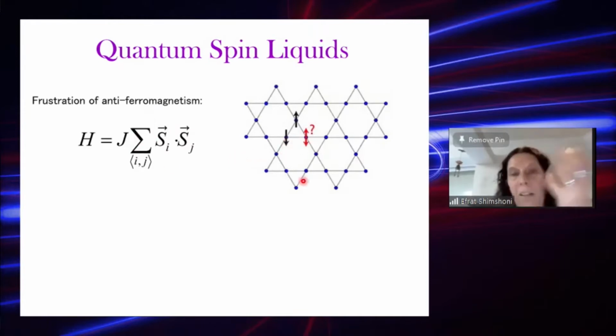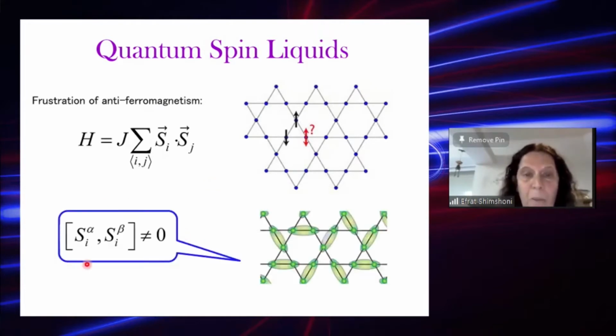Classically, you get high degeneracy, macroscopic degeneracy of the ground state, and hence quantum fluctuations resulting from the fact that the various components of a spin are non-commuting objects. This can give rise to some new kinds of ground states.